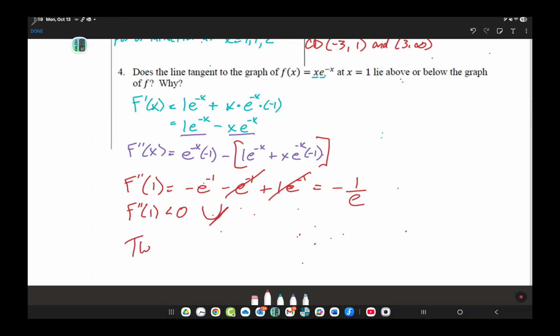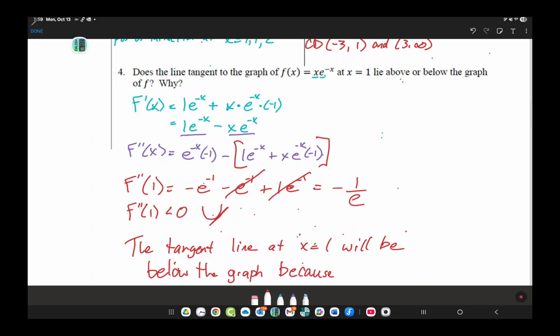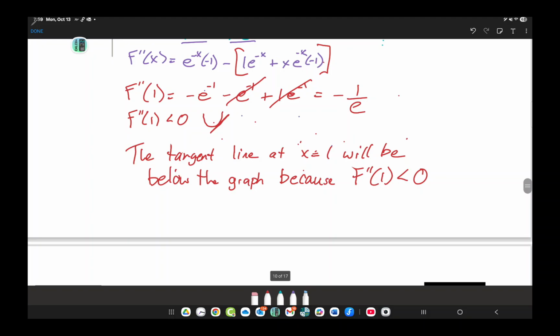So the tangent line at x equals 1 will be below the graph because f double prime of 1 is less than 0. Yeah, backwards. Easy to mess up.